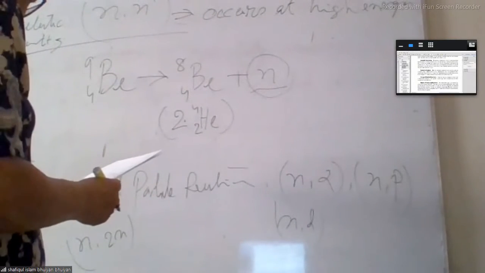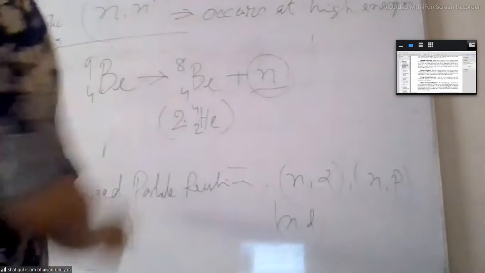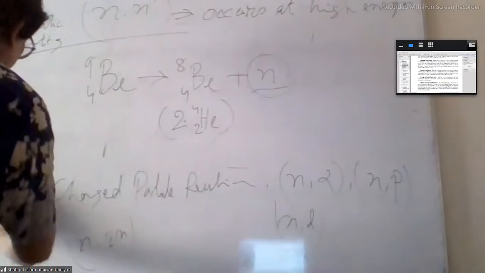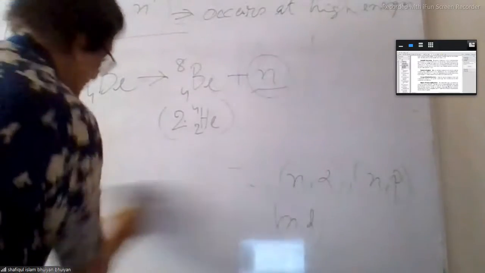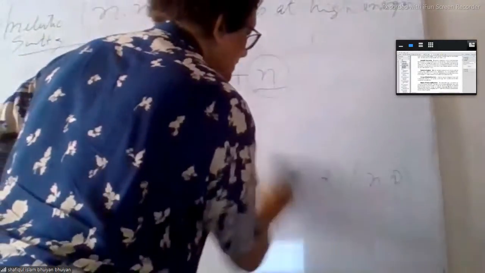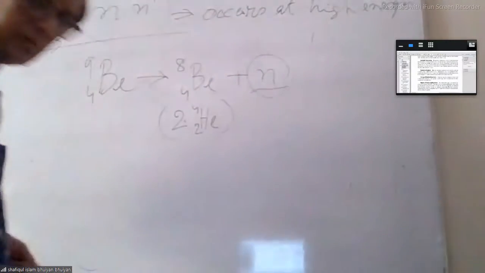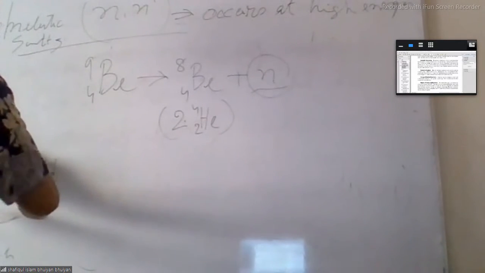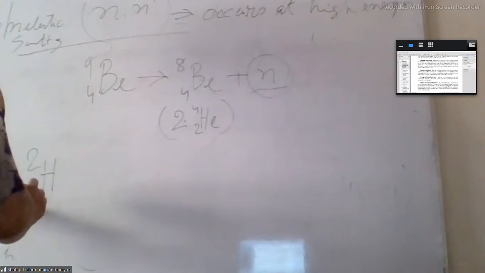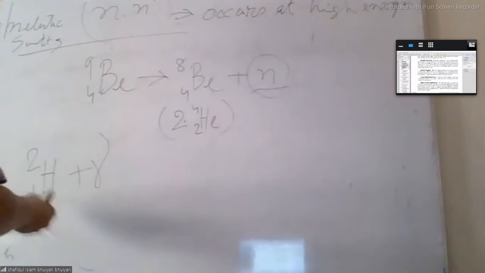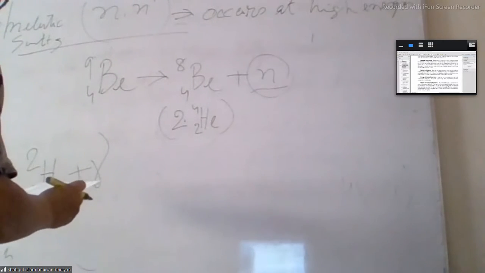And why did I say this beryllium and hydrogen are important? Let me write the hydrogen reaction, the deuterium reaction: deuterium plus gamma gives hydrogen plus neutron.